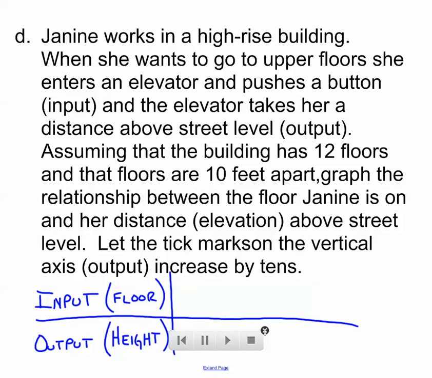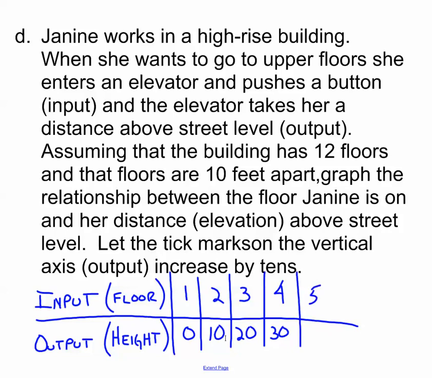The first floor we can be on is the first floor, and if we're on the first floor, we're 0 feet above the ground. If we're on the second floor, we're up 10 feet. Third floor, we'll be up another 10 feet, 20 feet. Fourth floor, another 10 feet, that's 30 feet. And there we go, we've got a pattern there.